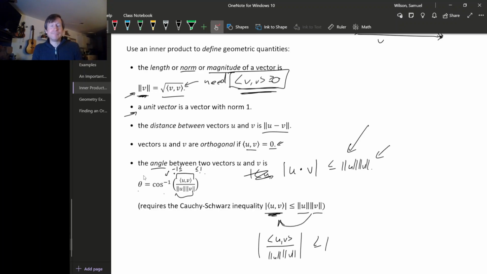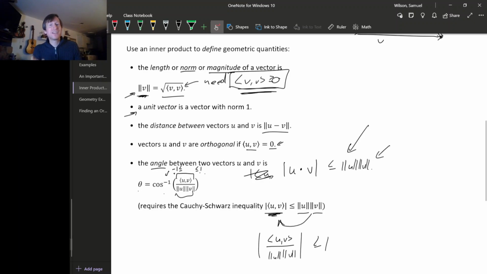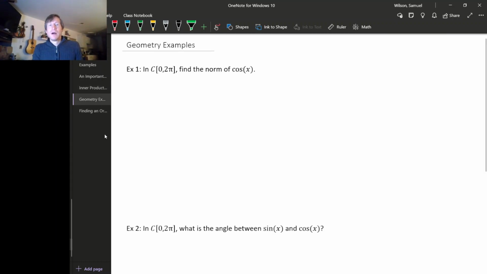So for any inner product space, since we have an inner product, we can use it to define geometric quantities. Let's look at a few examples. In the space of continuous functions from 0 to 2 pi, let's find the norm of cosine of x.